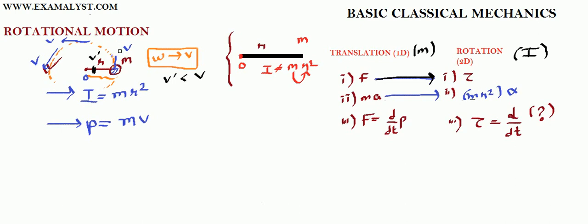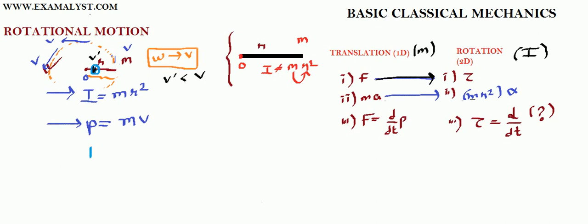What I want to tell you is this: keep the length of the string as it is, the length of the string was r, and now if I keep the object of mass m somewhere around here, then at this point, what is the momentum?